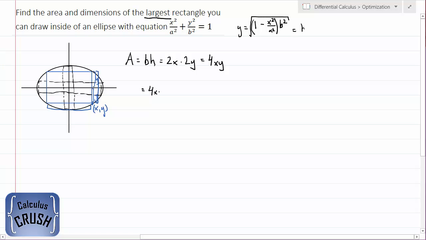So that's just equal to b times the square root of 1 minus x squared over a squared. So we substitute in that value for y, and what we get is 4xb times the square root of 1 minus x squared over a squared. This is the formula for the area. I'm just going to put a little box around it because it's an important formula.